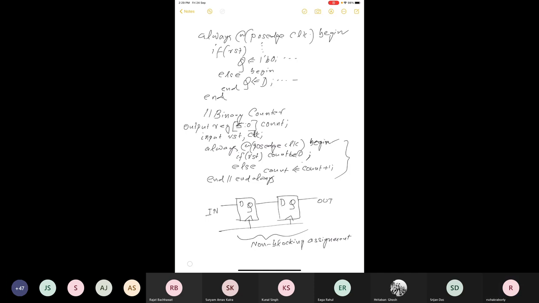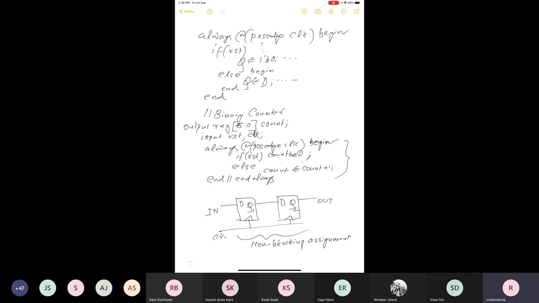non-blocking assignment, because the non-blocking assignment essentially models the memory property. Although at the clock edge the first flip-flop's Q1 value would start changing, that would not affect the second flip-flop's value change at the output. It will still consider the first flip-flop's old value, which means Q2 will use the old value of the first flip-flop and update itself.